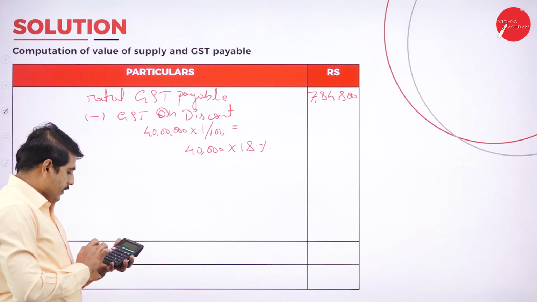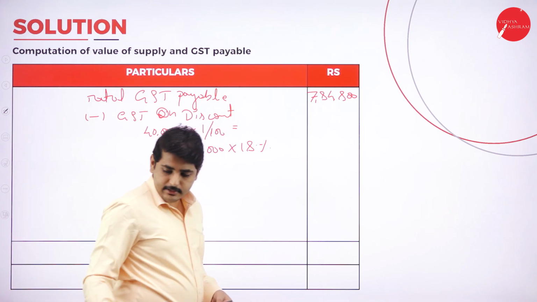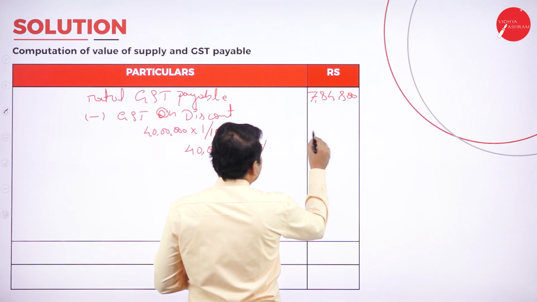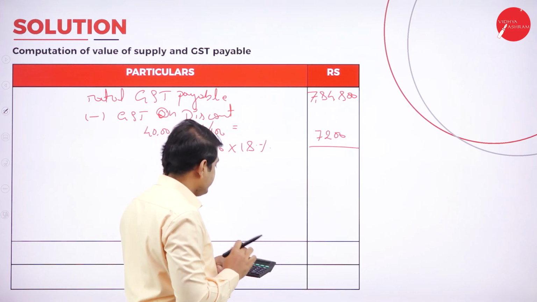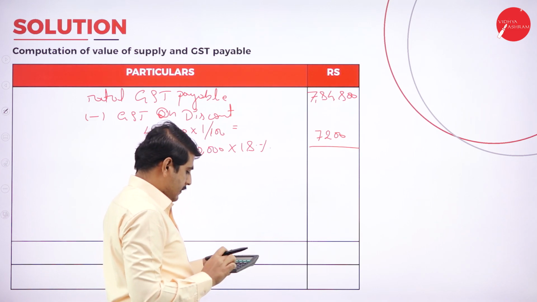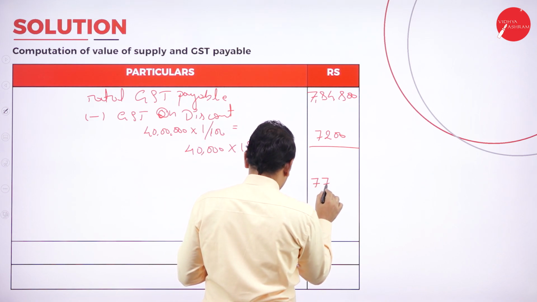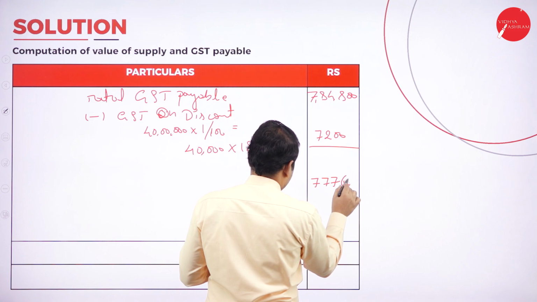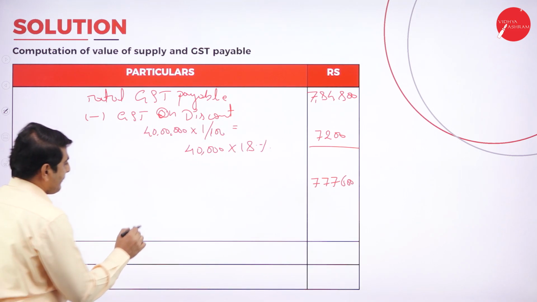So now 40,000 into 18%, so it is 7,200. So deduct this from 7,84,800. It is 7,77,600, the actual GST payable.